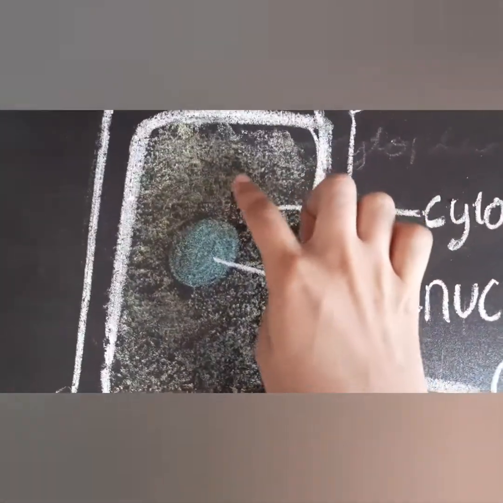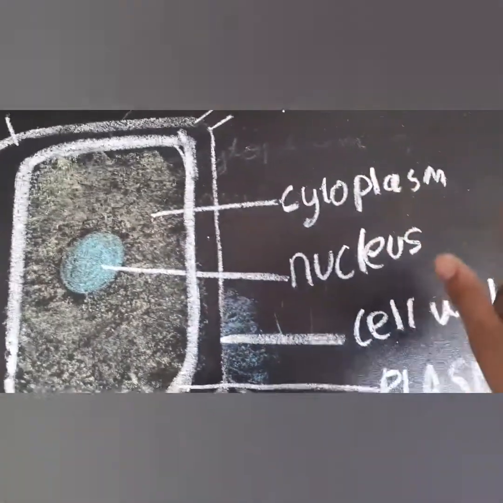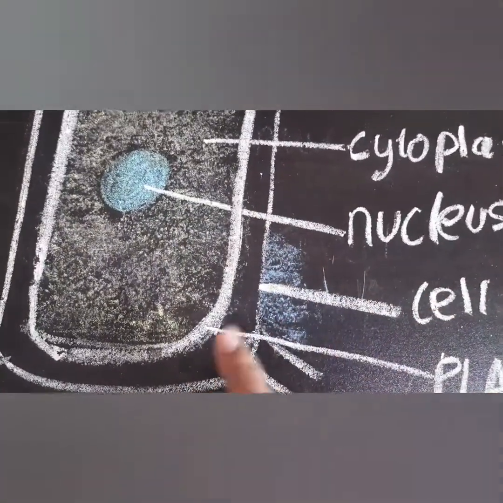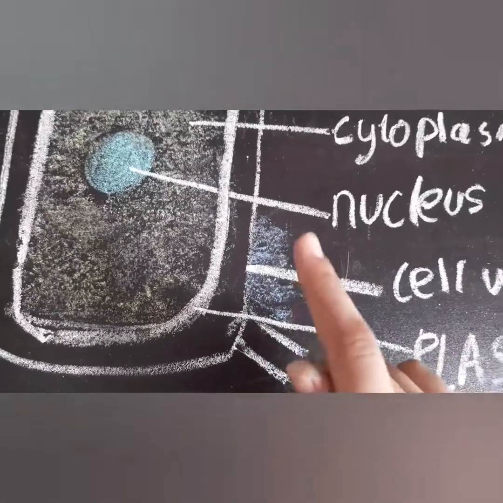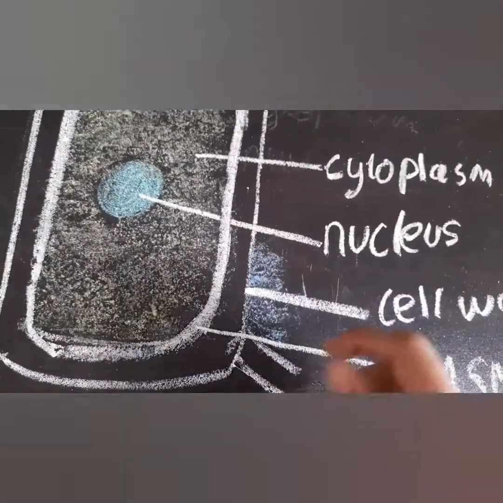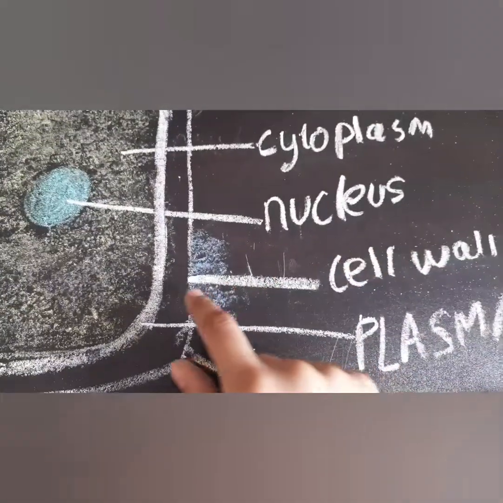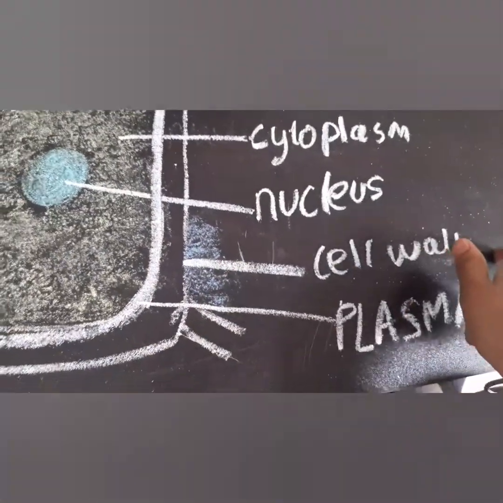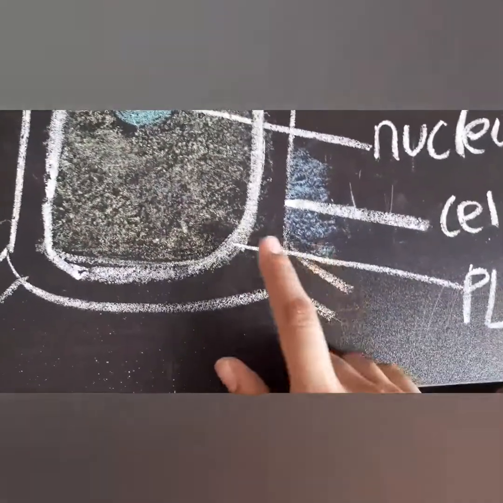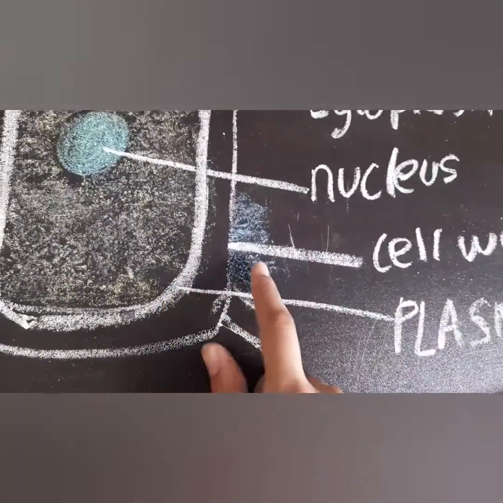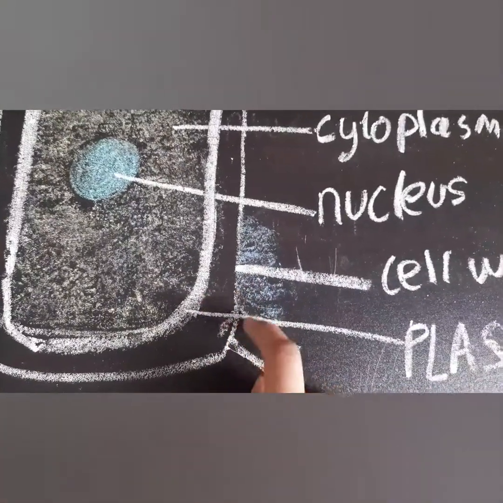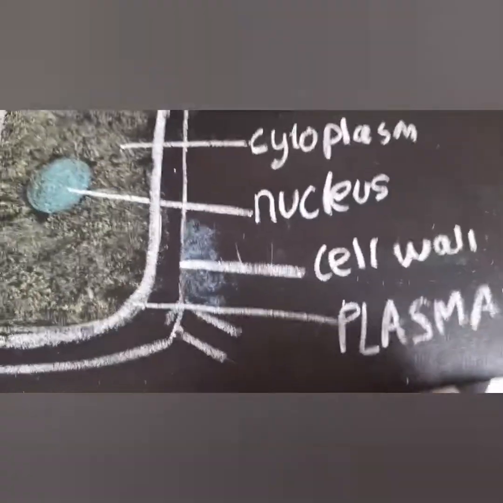The jelly-like substance is the cytoplasm. Please remember that in the plant cell the cell wall is present, whereas in animal cell it is absent. The outermost layer is the cell wall, and our main topic, the plasma membrane, is below the cell wall in plant cell.